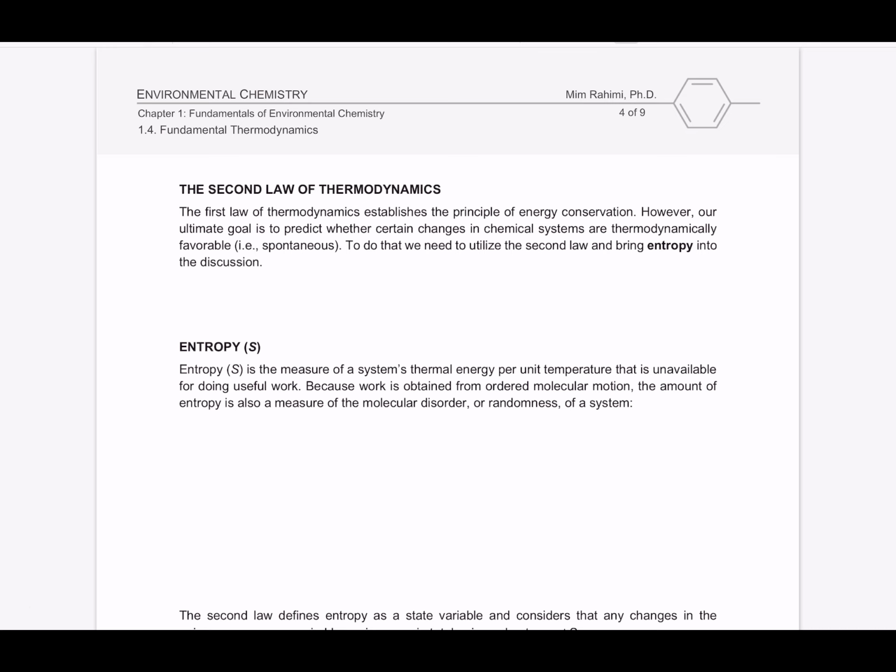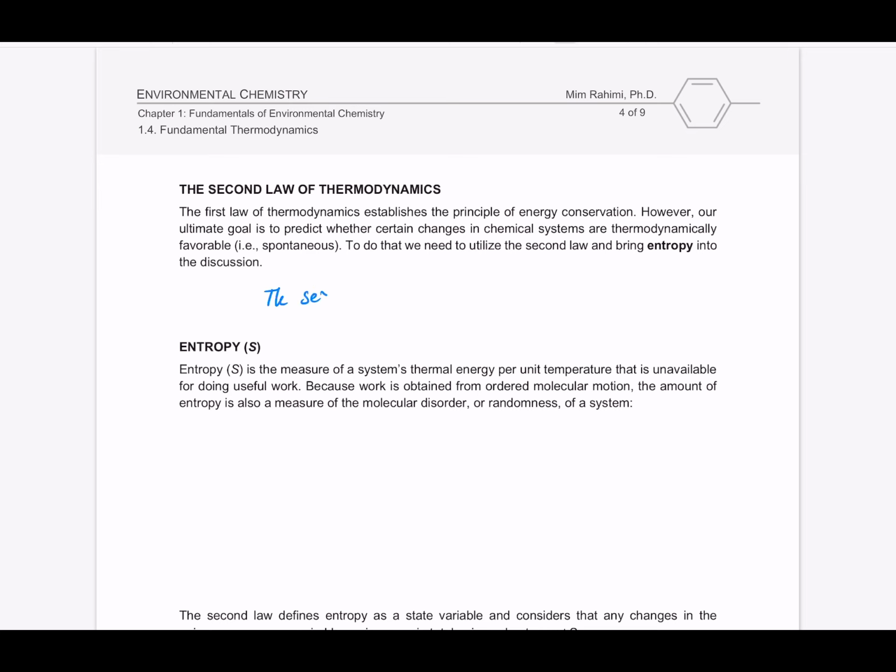So the first law established the principles of energy conservation. However, our ultimate goal is to predict whether certain changes in a chemical system are thermodynamically favorable. So to make it a little bit easier, it's basically the second law.